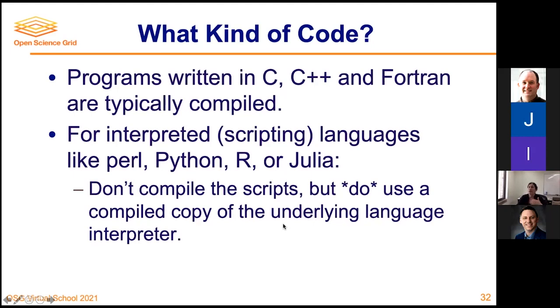So if you're using Python, the actual Python program is compiled, and then you use it to run your uncompiled script. Same with R and Rscript. So this is another flavor of what your software files can look like to run a job. Here you'd have a compiled interpreter and your actual script.